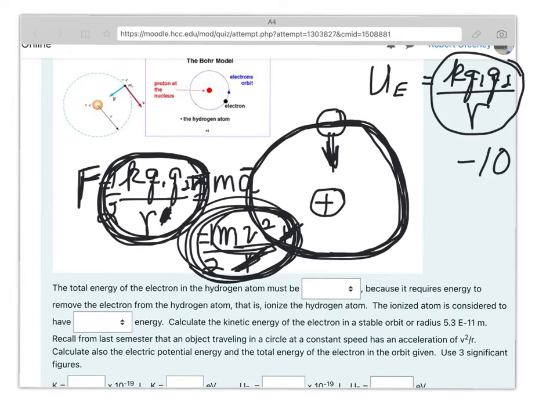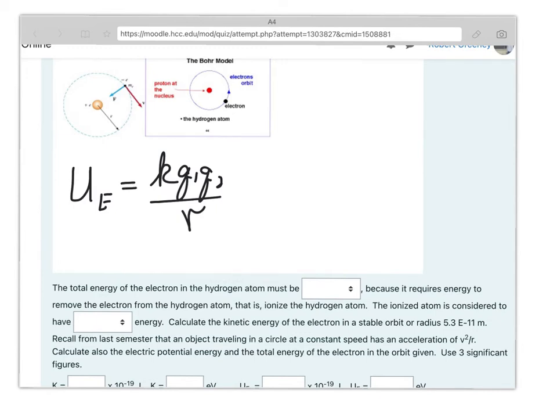So let me erase what we have and write it out again. So as we said a couple times, the electric potential energy is k q1 q2 over r. Now remember, q1 is the proton, a positive 1.6 times 10 to the minus 19, and q2 is a negative 1.6. And so we could write this as negative k e squared, where e is the 1.6 times 10 to the minus 19, over r.